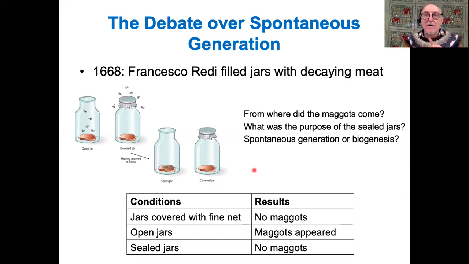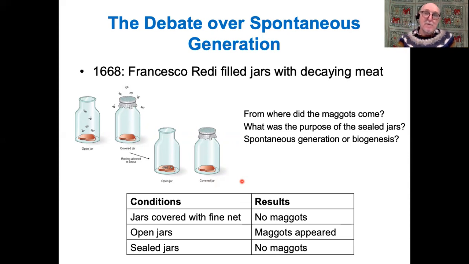But the spontaneous generation people were still not satisfied. And they said, well, look at this meat rotting in the jar. The meat is still rotting. After a while, the meat begins to liquefy, it begins to grow things, it begins to bubble, begins to look like it has other living things.